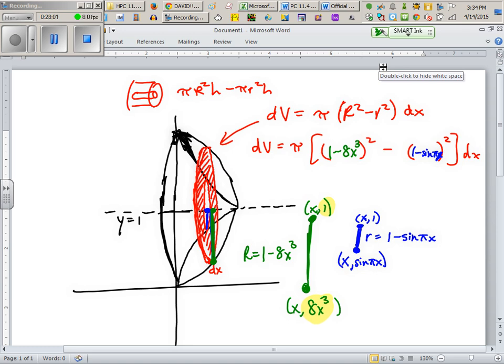No, because squaring a minus b is the same thing as squaring b minus a. So fortunately, you could get away with that. If you have these two backwards, they're not going to mark you down because the square of any distance is the square of its absolute value. So it doesn't matter if it's 1 minus 8x cubed or the other way around. So you can get a little bit lucky with some of this stuff, and they're pretty generous. Anything that's mathematically true, they'll just take it, whether it looks like it means what it should or not.